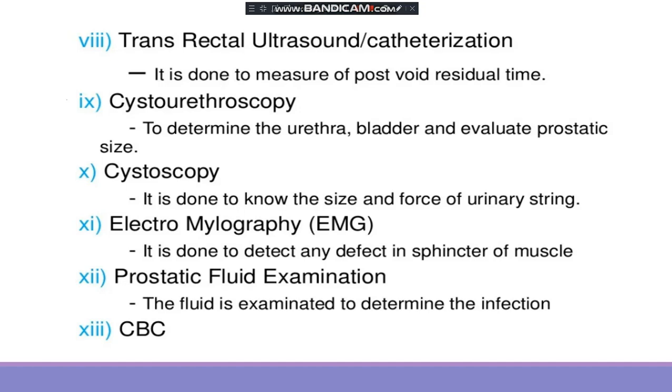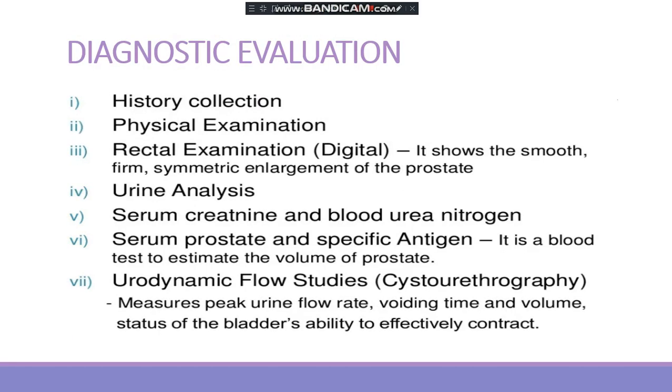Then prostatic fluid examination. Here it is to understand and determine the presence of infection in the patient. Then CBC, that is complete blood count. So these are the things that we can recollect.